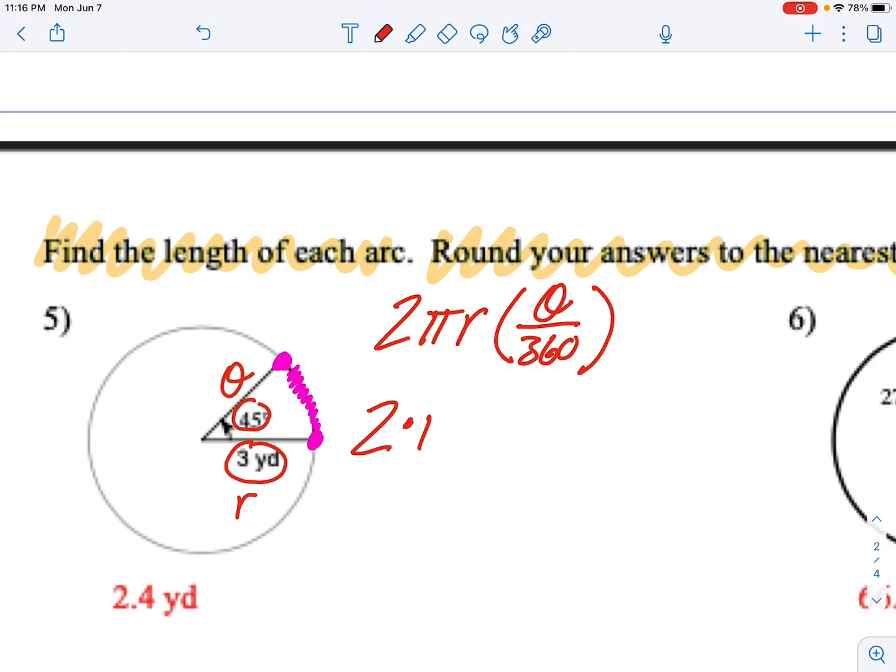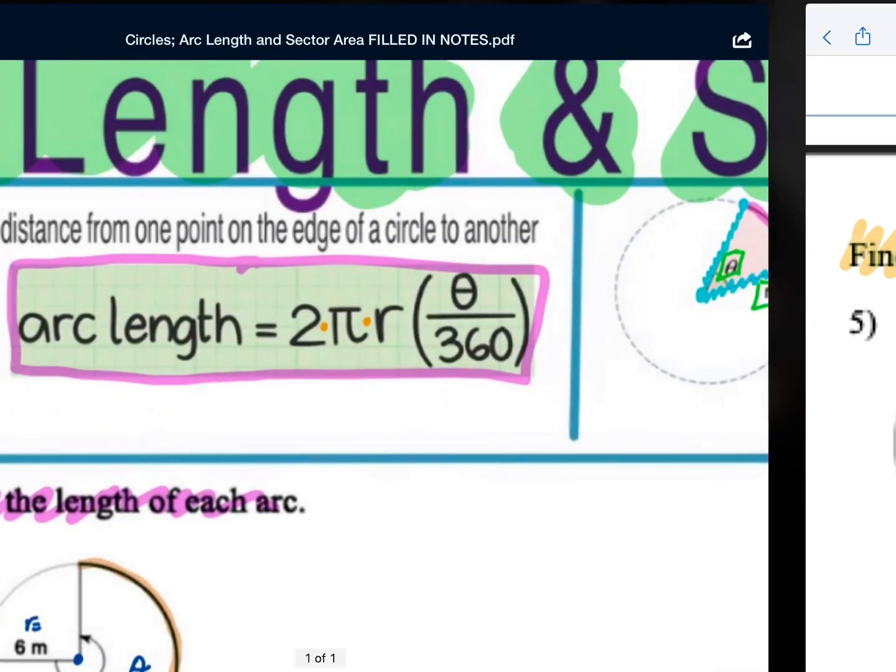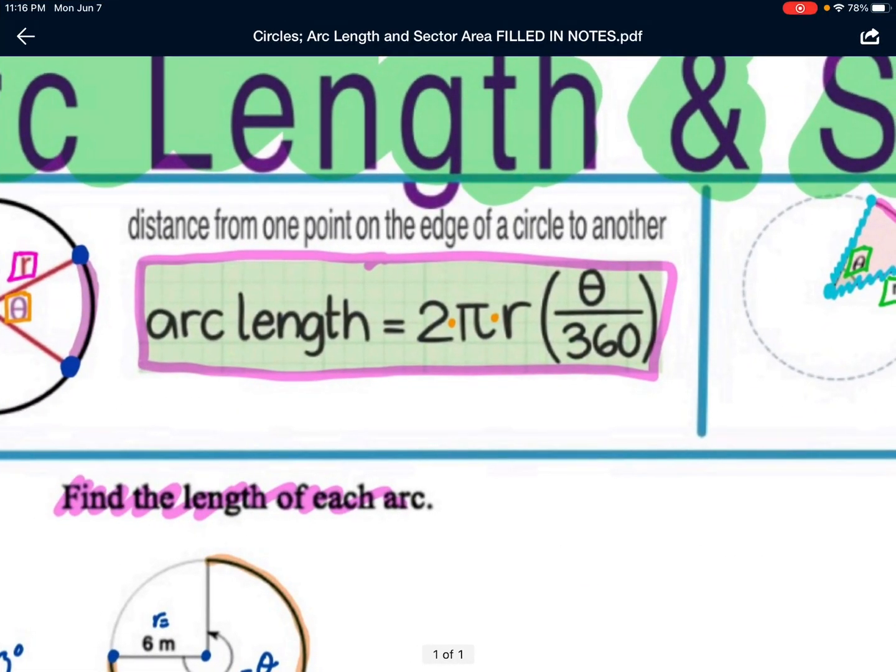So 2 pi r is 3 times theta is 45 over 360. Look at that. So I'm going to type this into the calculator.